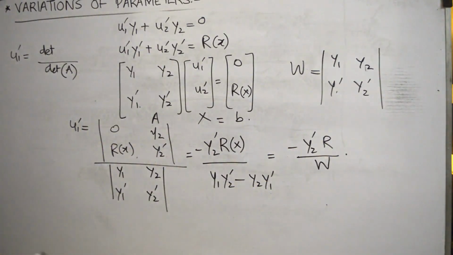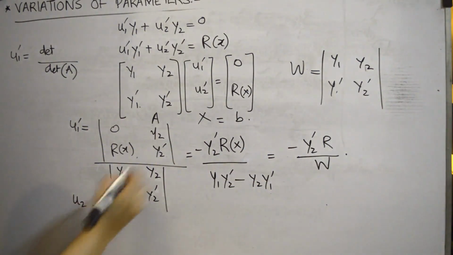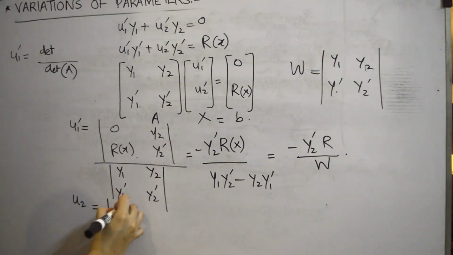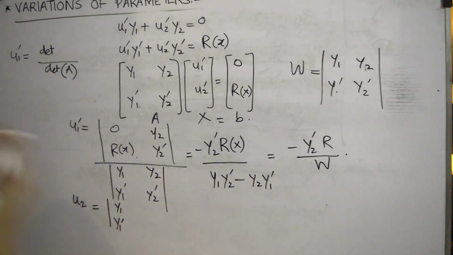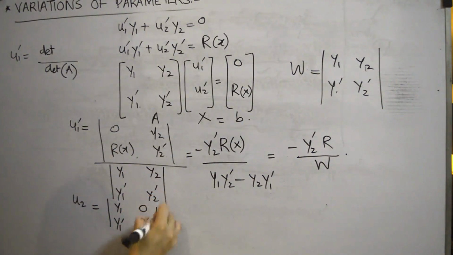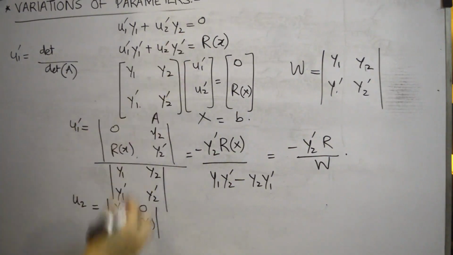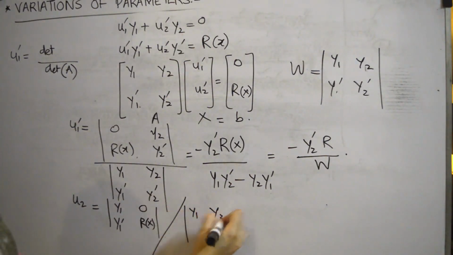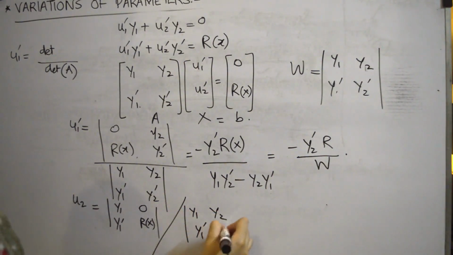And in case of u2, what you need to do is replace the second column, so that becomes y1 and y1 dash remains the same, and 0 and r of x. You just have to replace this instead of the second column, divided by this Wronskian y1, y2, y1 dash and y2 dash.